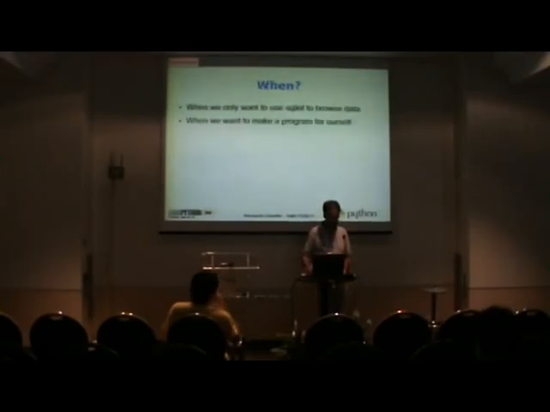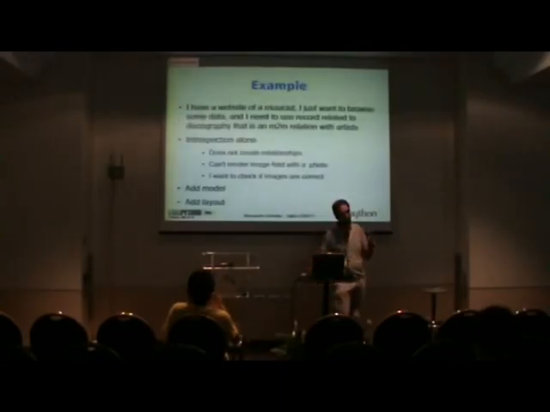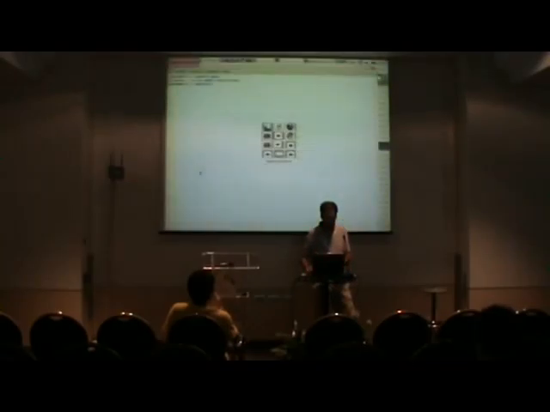Let's suppose a situation in which I have the website of a friend of mine who plays the violin, okay? And I need to have a look at some images because somehow on the website they are scrambled, they are not correct. So I want to look at the data directly. So let's start with this one.